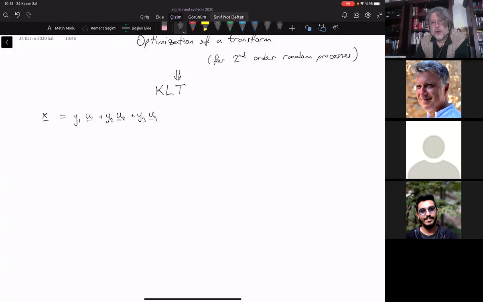Of course, it will go all the way up to y sub capital N, u sub capital N. These u's are basis vectors, so their norms are 1, and their inner products with each other are 0.